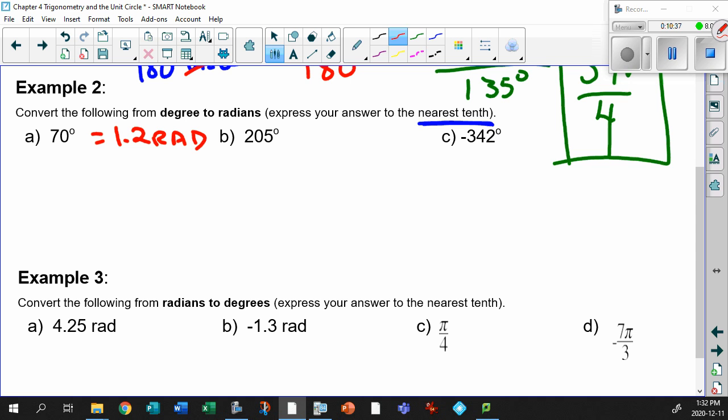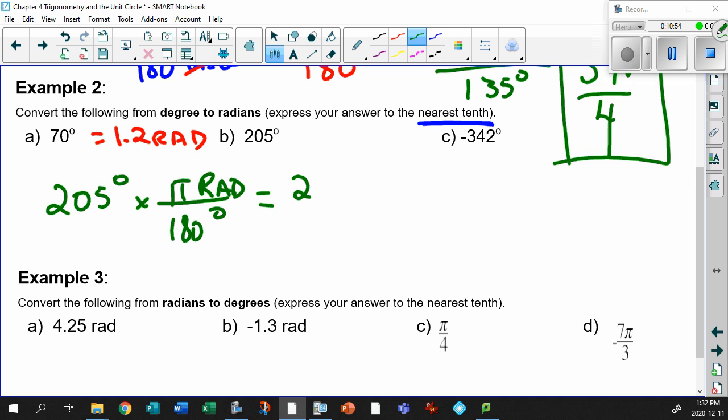Let's see if we can do this a little bit quicker. All right, 205 degrees times, of course... what's on the bottom? 180 degrees. What's on the top? Pi rads. Okay, they want this as a decimal, so this is going to be 205. Now, degrees and degrees cancel. 205 pi over 180.